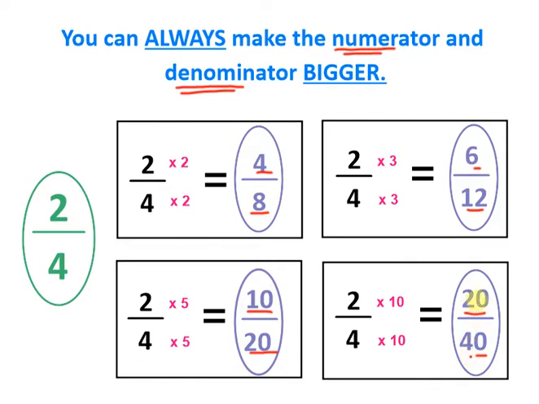But here's the thing, guys. 20 over 40, 10 over 20, and 6 over 12, and 4 over 8 all have the exact same value as 2 over 4. All I did is I made the numerator and the denominator bigger, but I made them bigger by multiplying them by the same number, and that's how the value stays the same.